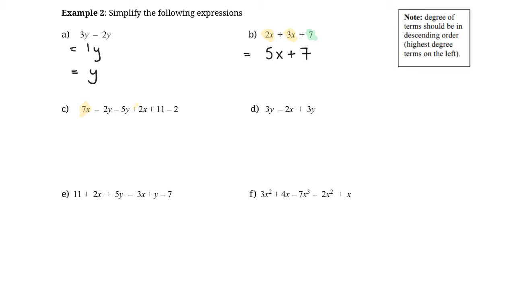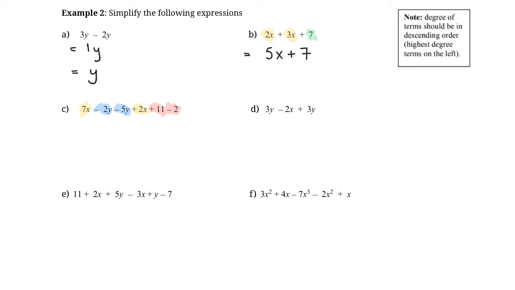And I see that I have a positive 2x. So those are like terms. All right, what else do we got? We've got a 2y. I see a 5y as well. Those would be considered like terms. And then I see a plain 11 and a plain 2. So those would be considered like terms.